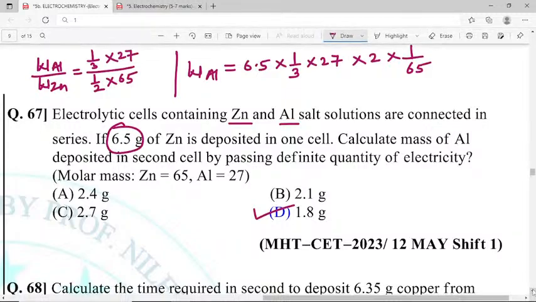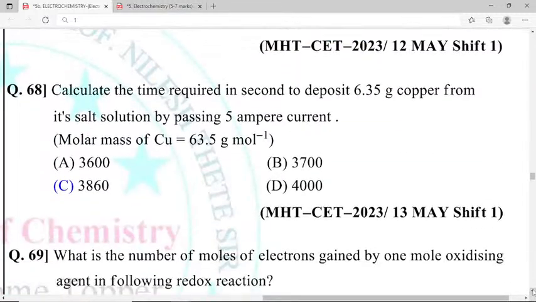Next question: calculate the time required in seconds to deposit the given mass. So T is equal to question mark. W is equal to 6.35, current is 5 ampere, and the molar mass is 63.5.